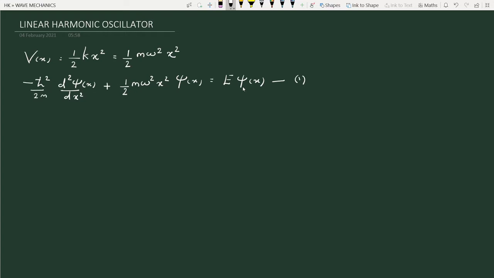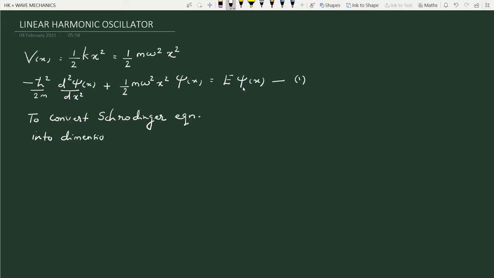So first what we want to do is to convert the Schrodinger equation into dimensionless variables.